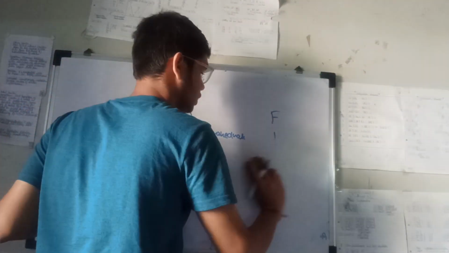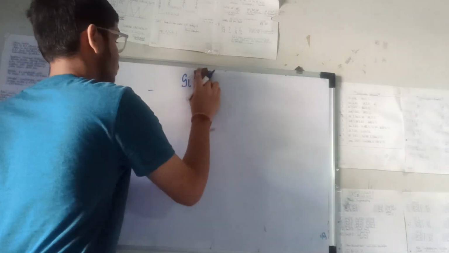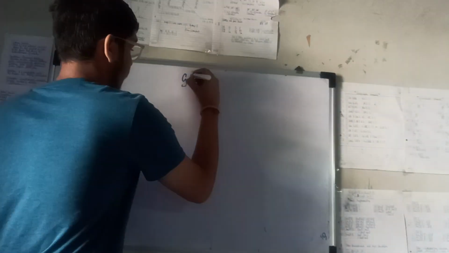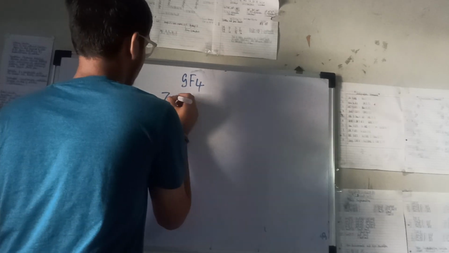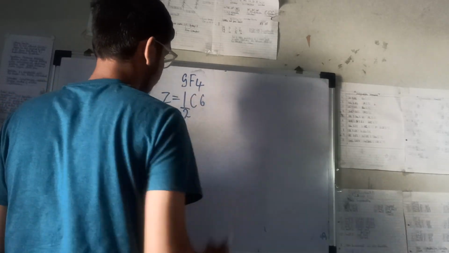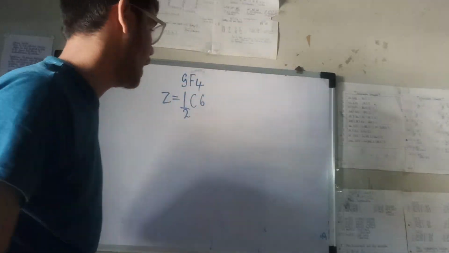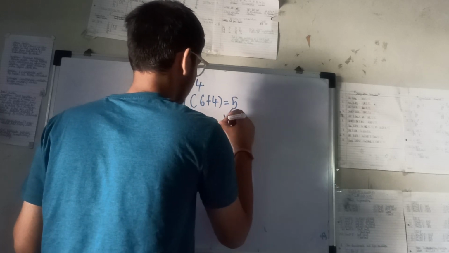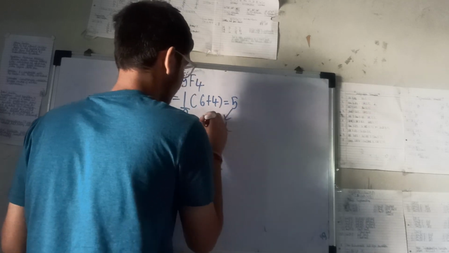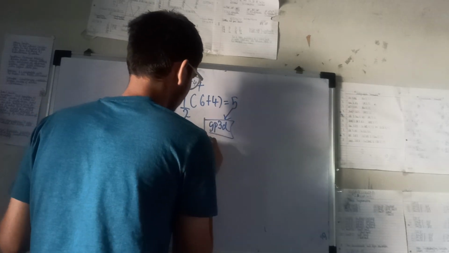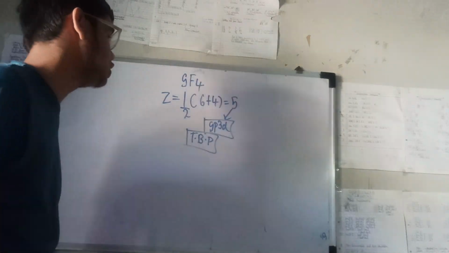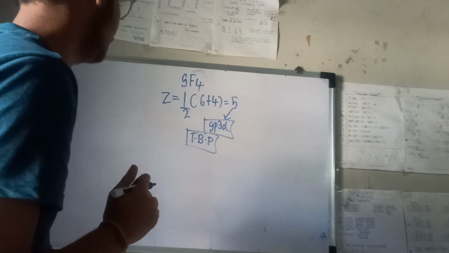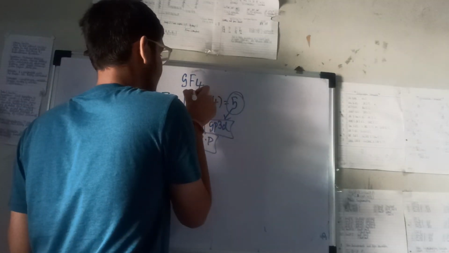नाउ नेक्स्ट वेरिएशन करते हैं. SF4, Z कैलकुलेट करो जरा. S की कितनी है, 6. We have 6 for sulfur and no charge, plus 4, 10. 10 by 2 is 5, so sp3d is coming, that is TBP. Now geometry is not equal to shape because one lone pair is there. How to calculate the lone pair? Z is coming 5 but shared is only 4.